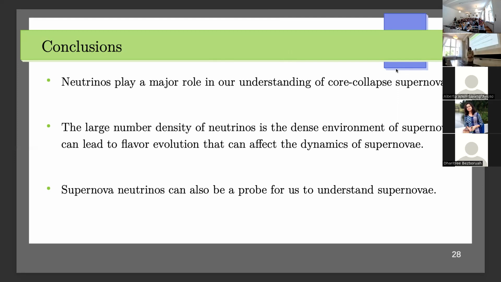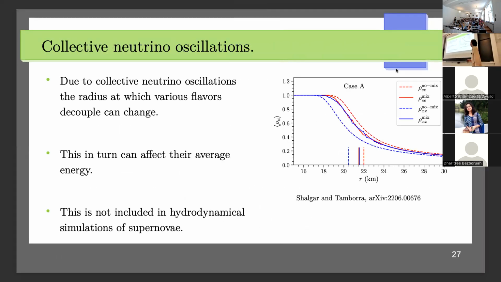Hello, I have a question about the last plot that you just showed. Yep. Sorry, where is it? What are those vertical lines? So that is basically the radius of decoupling according to certain criteria.